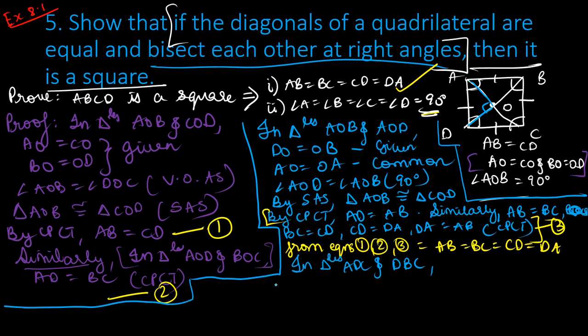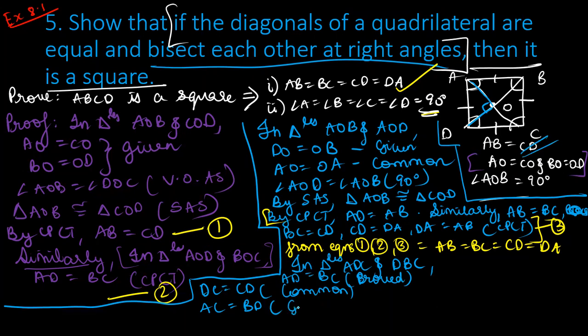So first I can say that AD is equal to BC, because just now we proved that all the sides are equal. Then I can also say that DC is equal to CD, because that is the common side. And I can also say that AC is equal to BD, because that is also given. It's given here.